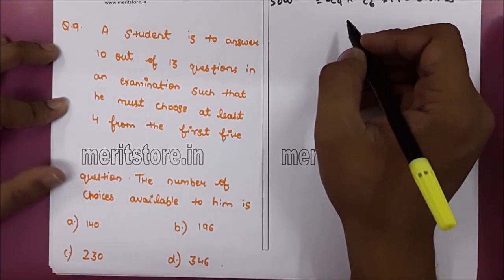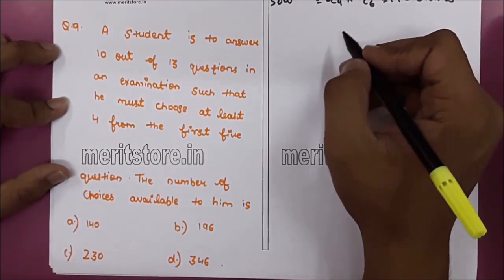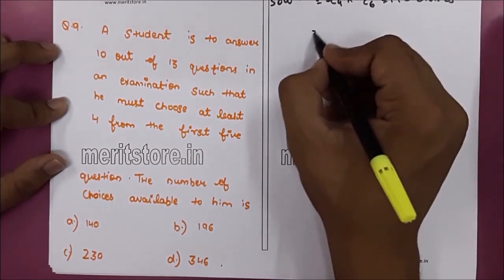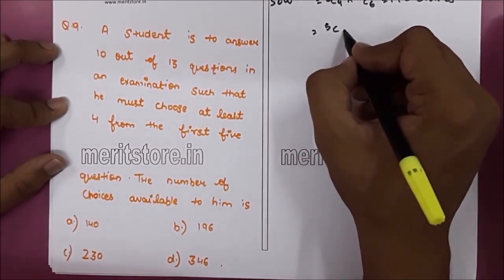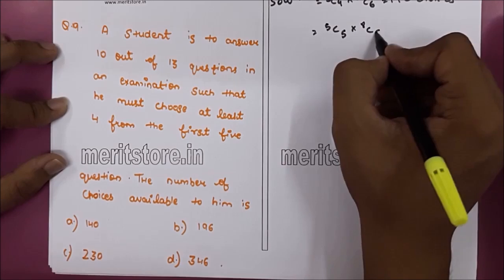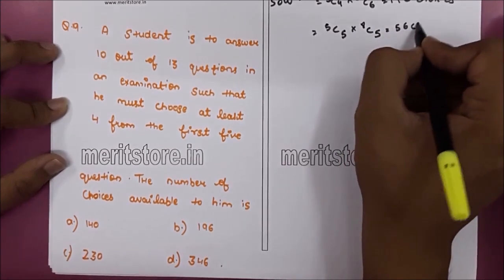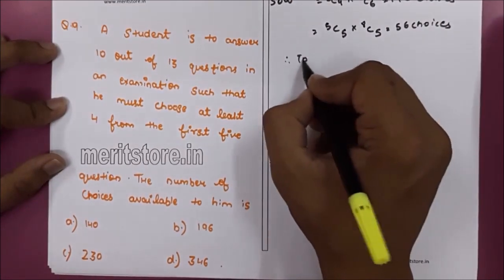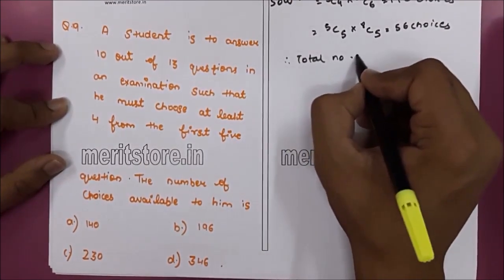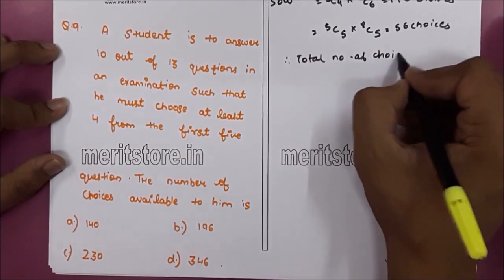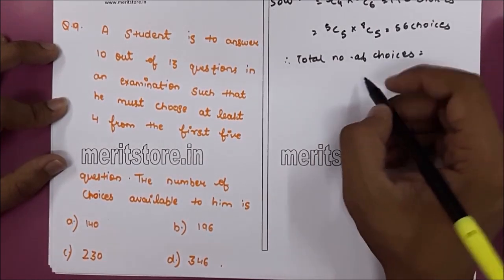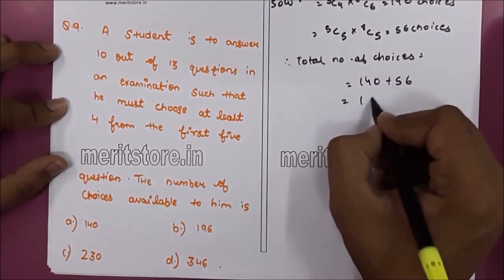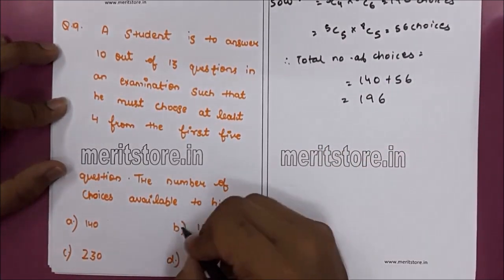Case 2: selecting 5 out of the first 5 questions and 5 out of the remaining 8 questions, that is equal to 5C5 into 8C5 is equal to 56 choices. Therefore total number of choices is equal to 140 plus 56 is equal to 196. Therefore option B is correct.